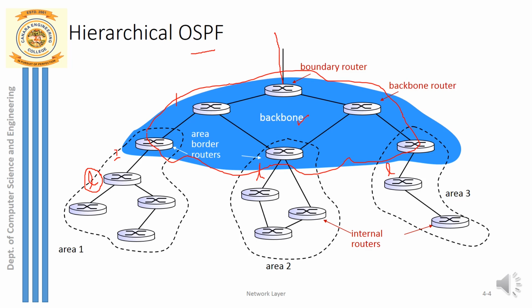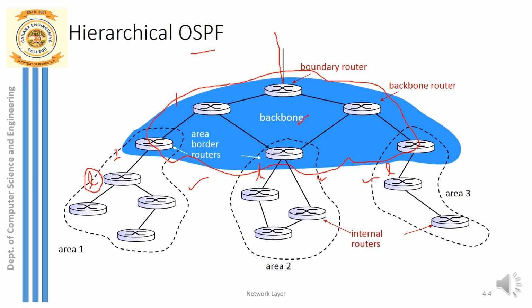You can call these AS1, AS2, AS3, all 3 belonging to the same organization. All 3 AS are connected to each other through a common backbone area, and that backbone area is the one whose responsibility is to calculate the shortest path to circulate the packet sent by local area 1, or maybe the packet sent by local area 2 and the packet sent by local area 3.